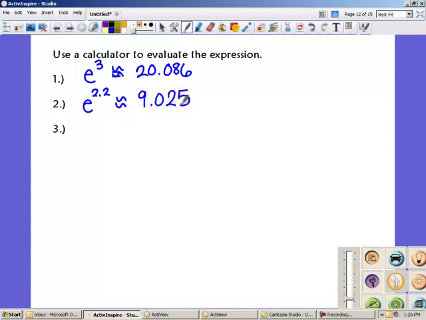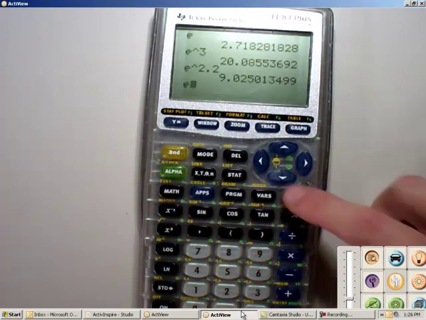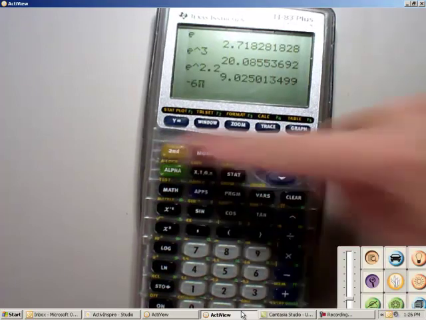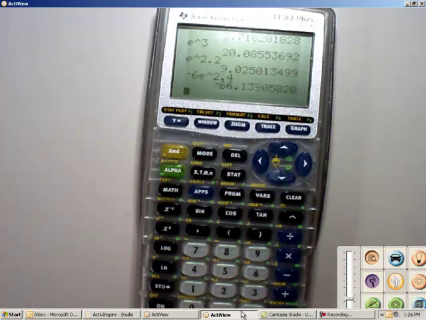And the last one, same thing, we're going to plug it into our calculator. Negative 6 e raised to 2.4. And there's the answer.